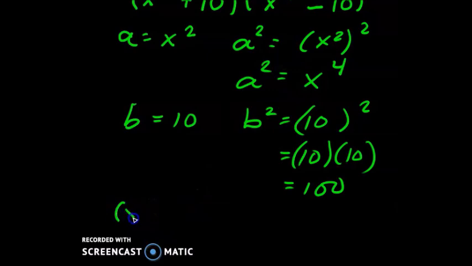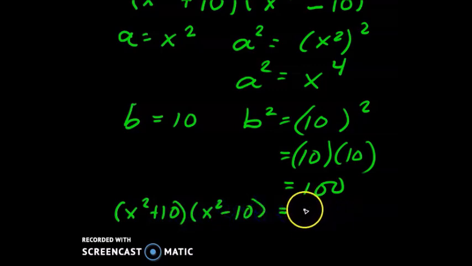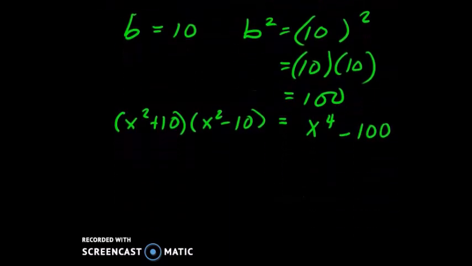So therefore, x squared plus 10 multiplied by x squared minus 10, our answer should be x to the fourth power minus 100. So that's the easy and the average. Let's have a difficult one.